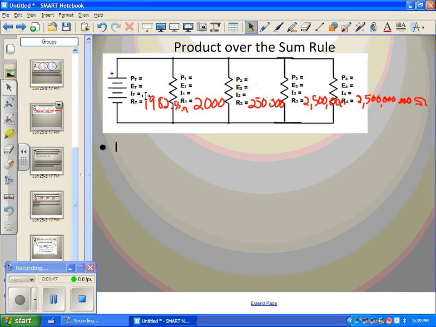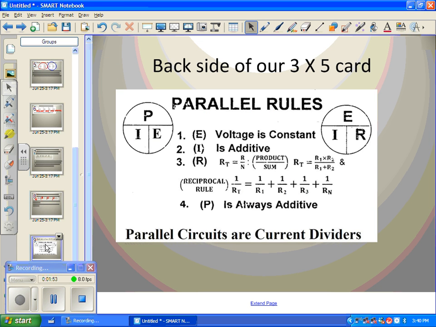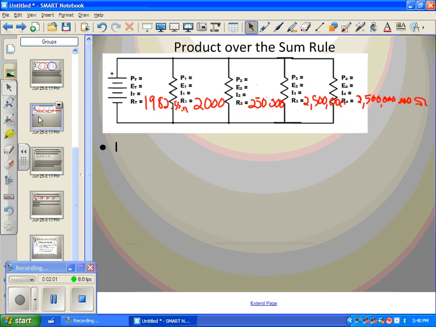Okay. Now, let's do a problem where we're going to put our Ohm's law to work. Let's go back up here and let's put some different things in here.